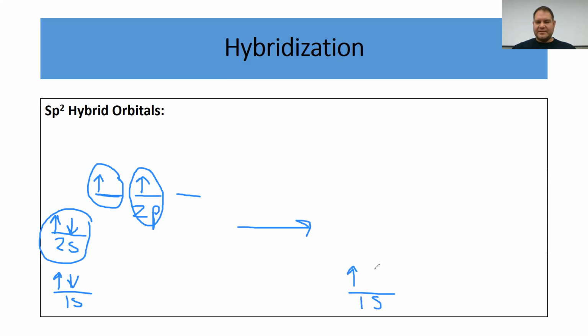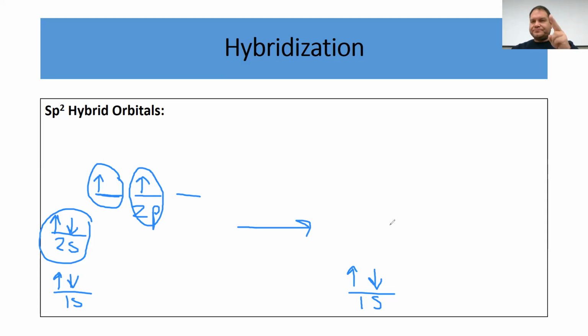Okay. So as a result, we still have our 1s orbital. Okay, that's our core electrons. But now we have our new hybrid orbitals. Now, how many hybrid orbitals do you think we're going to get? If you said 3, you're right, because we mixed 3 orbitals together, right? So I mixed an s and 2 p orbitals.